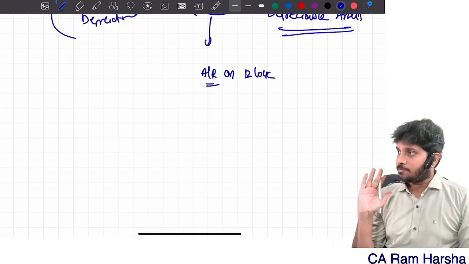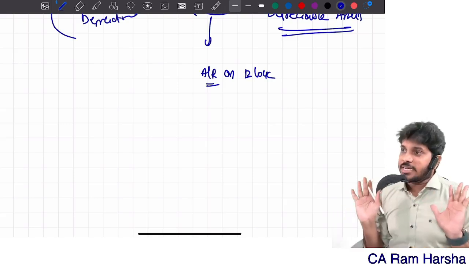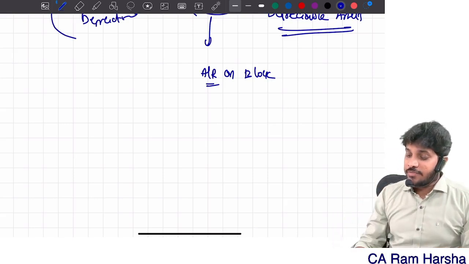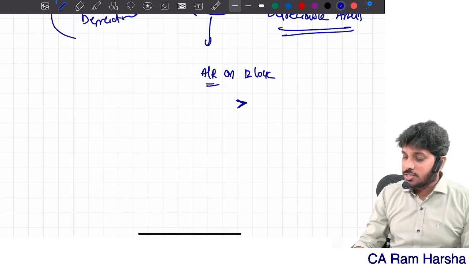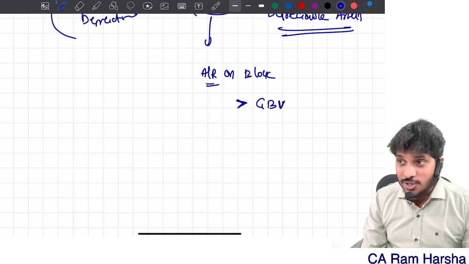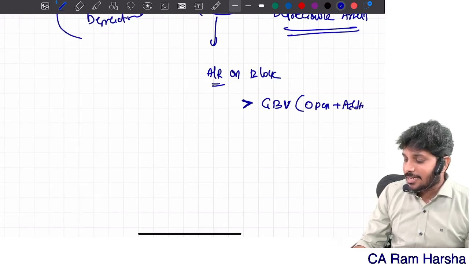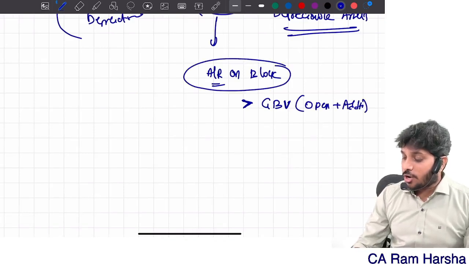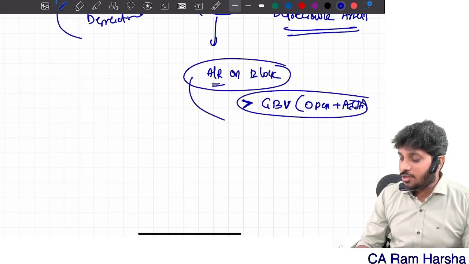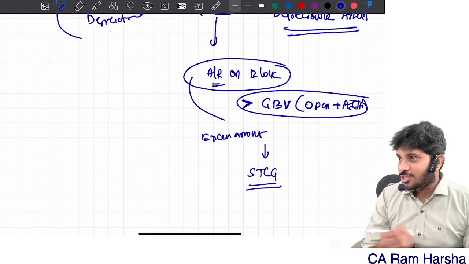When it is sold, either the full block or part of a block, keep that aside. Suppose the amount I received on a block is more than the gross block value, which is opening plus additions, then that excess amount is straight away treated as short-term capital gain.